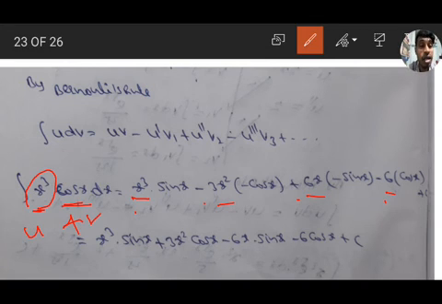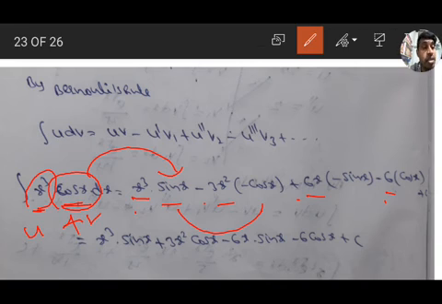Next, write the integrations of cos x: sin x, then minus cos x, then minus sin x, then cos x. Then take the products. It is the formula. So x cube into sin x means first we have to take u.